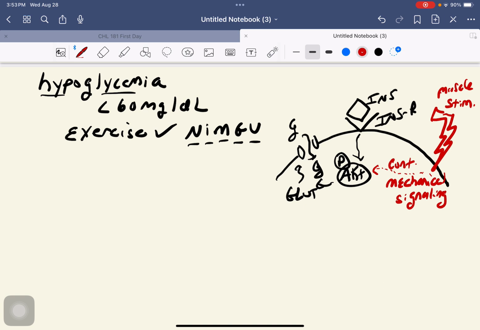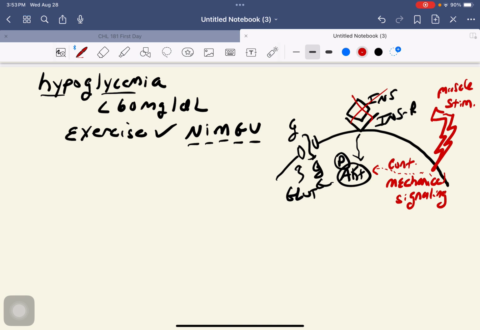So even in the absence of insulin, you can get glucose inside of the cell by making a muscle contract. Hopefully you can see the value of exercise for an individual who is living with type 1 diabetes. You exercise the muscle, even if insulin is insufficient, and we can get glucose inside the cell by merely making the muscle contract.